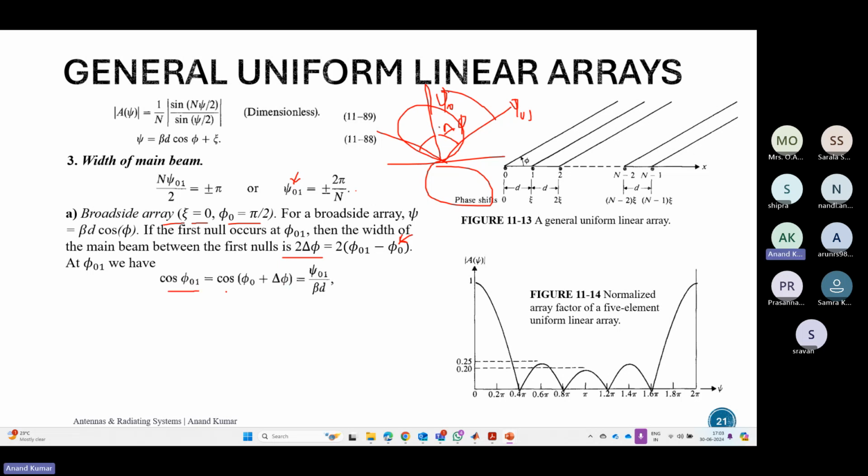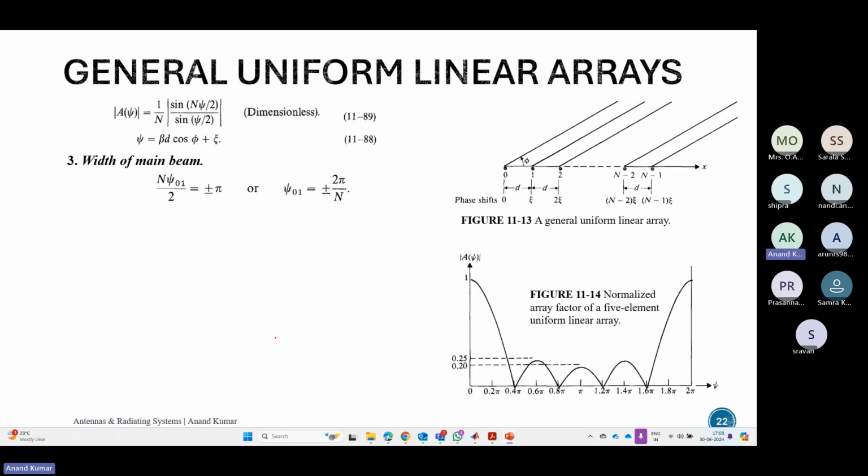So cos phi 0 1 is this expression over here, and we can calculate delta phi as sine inverse of lambda by n d. Essentially, we're just substituting the values for psi over here. So this gives us the broadside array.